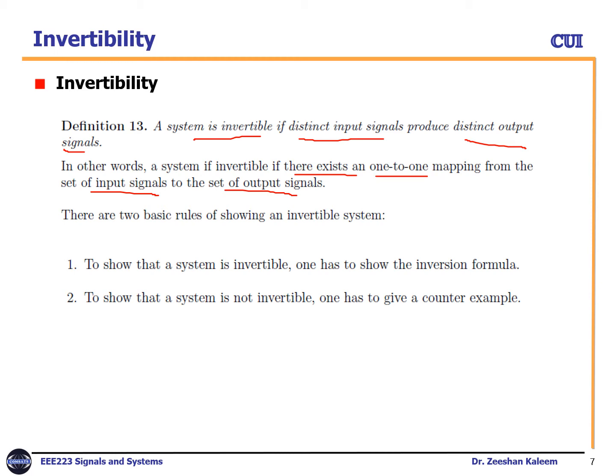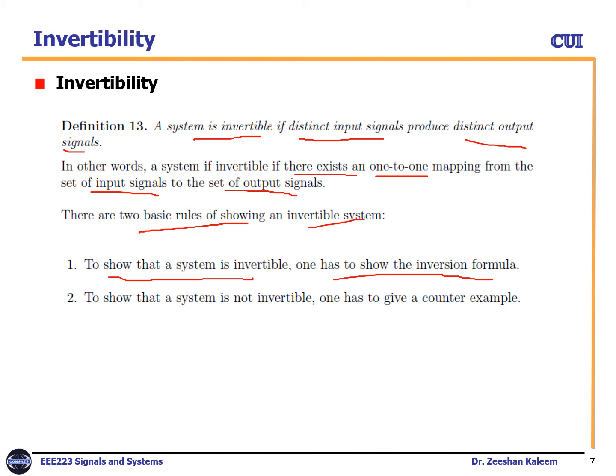Otherwise, it's not invertible. So there are two basic rules that show whether a system is invertible or not. First, to show that a system is invertible, one has to show the inversion formula. You have to find the inverse of the given formula. If you can find it, it means that the inverse exists and the system is invertible.